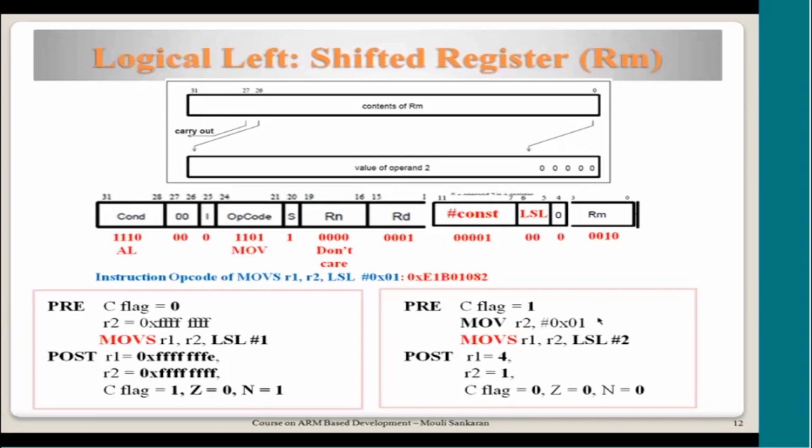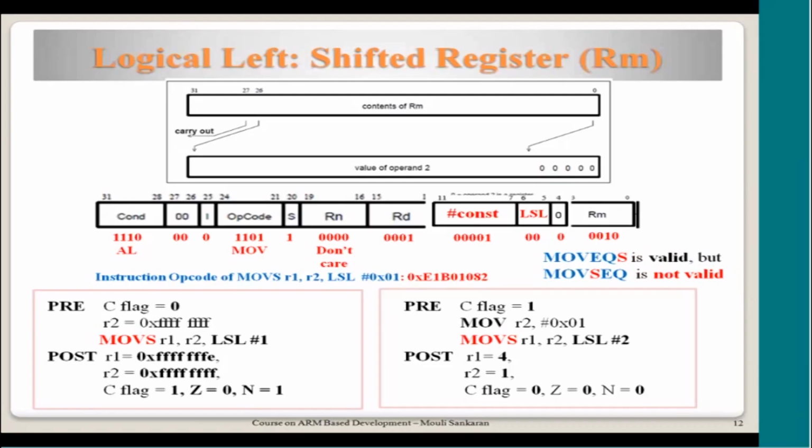So what is 100? It is 4. So now R1 is having 4, R2 happens to be the same 1, and then carry flag and zero flag. I am not going to explain further. I hope you will understand this. Okay, let us go to the next one.